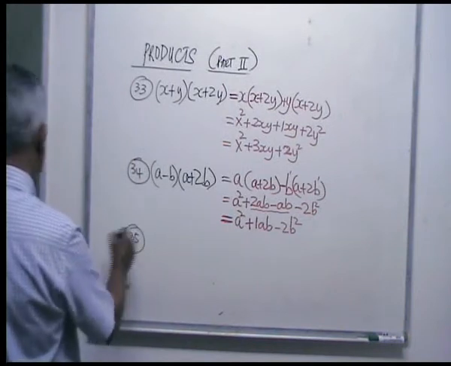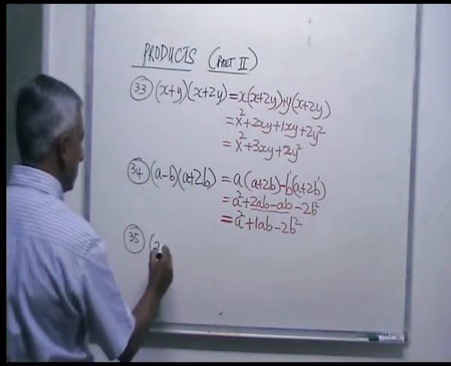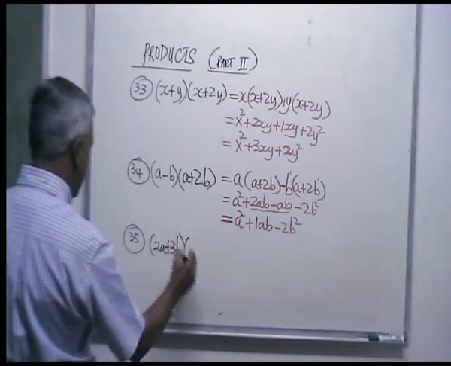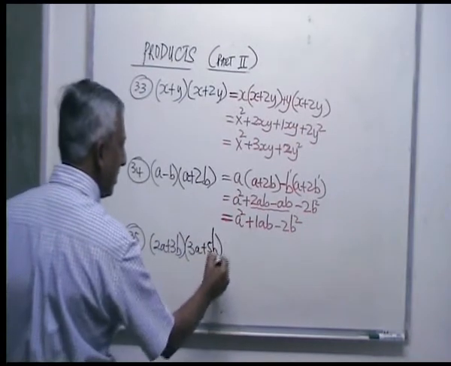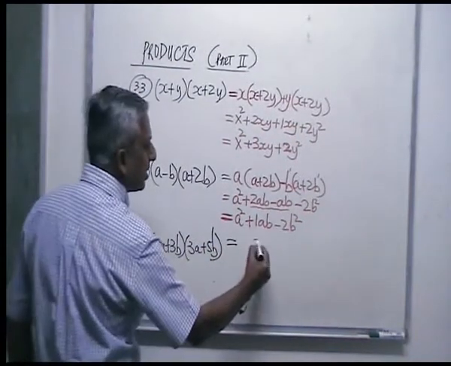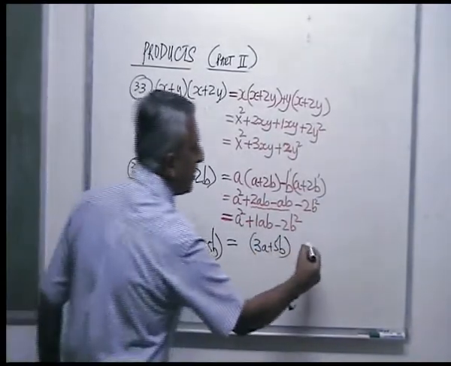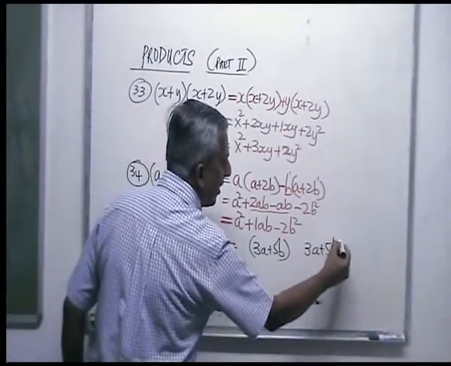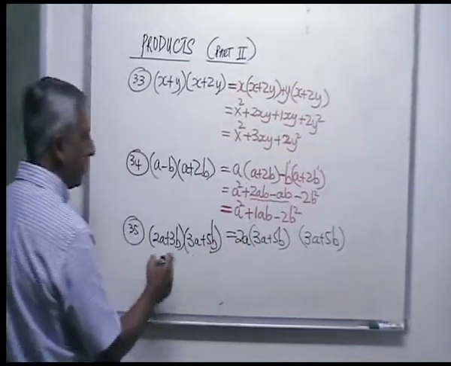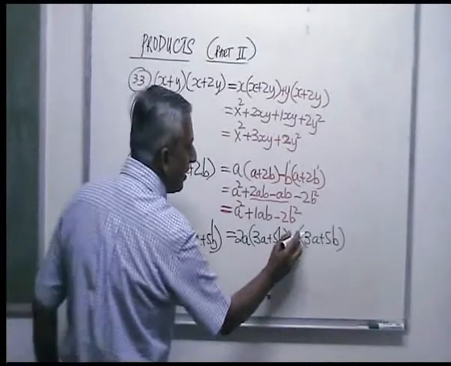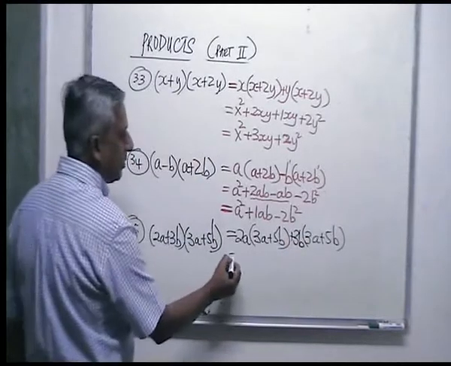Number 35. 2a plus 3b into 3a plus 5b. So you wrote the second bracket 3a plus 5b. In the front here you got 2a, and in the middle there you got plus 3b, and then you multiply.